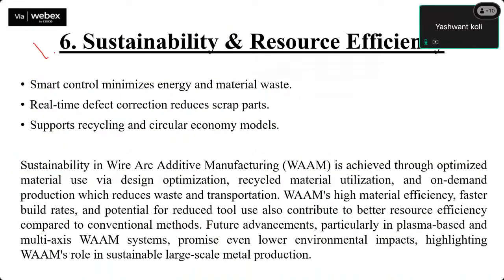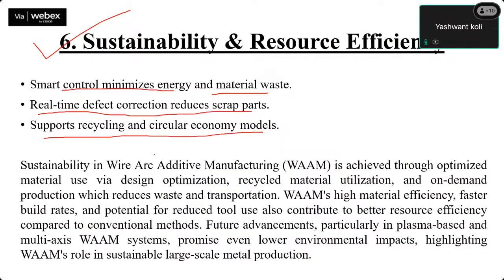So next is sustainability and resource efficiency. Having smart control minimizes energy and material wastage. Real-time defect correction reduces scrap parts. Support recycling and circular economy models. Sustainability in WAM is achieved through optimized material use via design optimization, recycled material utilization, and on-demand production, which reduces waste and transportation.